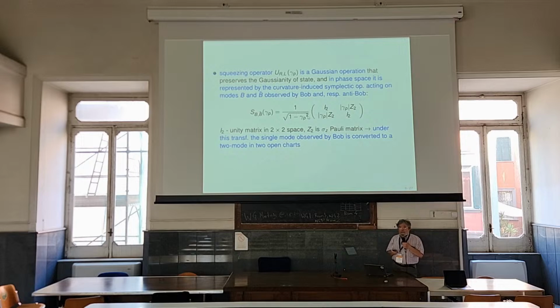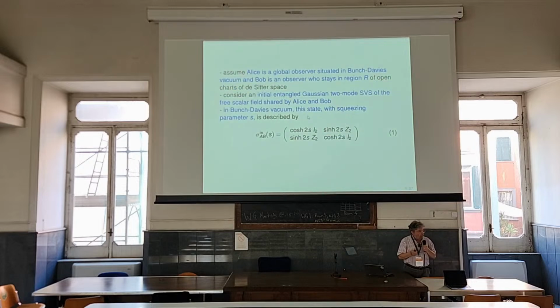So, starting with two observers, Alice and Bob, due to this property of amplification channel, we face three observers: Alice in the Bunch-Davies vacuum, Bob in the R region, and anti-Bob in the L region.